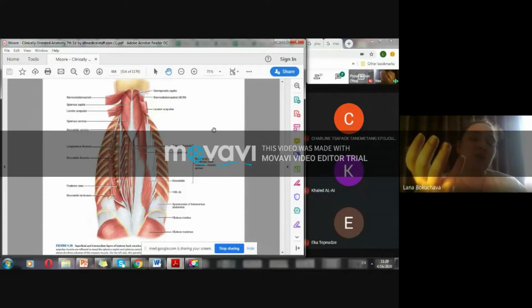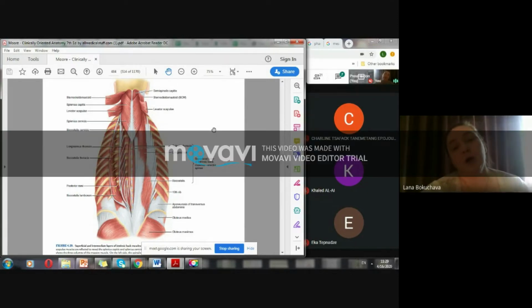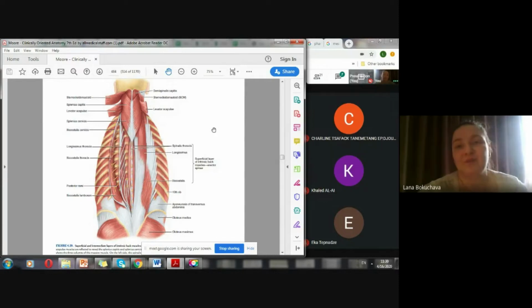So these intrinsic back muscles are subdivided into the layers. So it doesn't mean that they are localized on the same plane. So as a result, we can subdivide all of the intrinsic muscles or muscles of the back proper into the three main sublayers. And these are superficial, these are intermediate, and a deep.